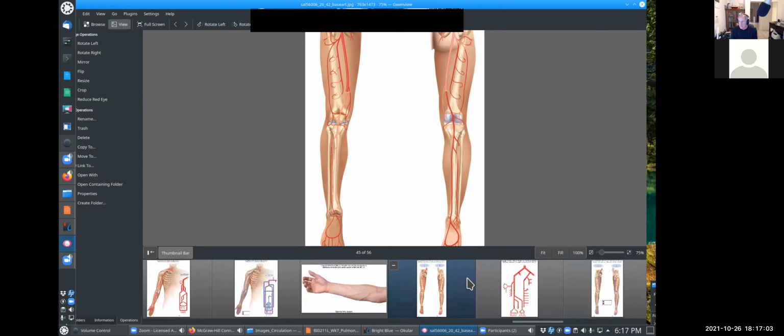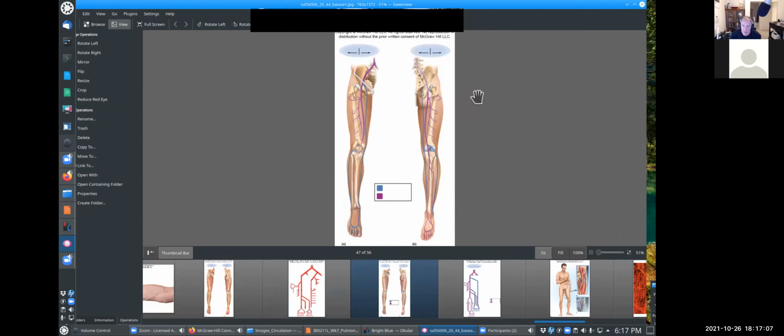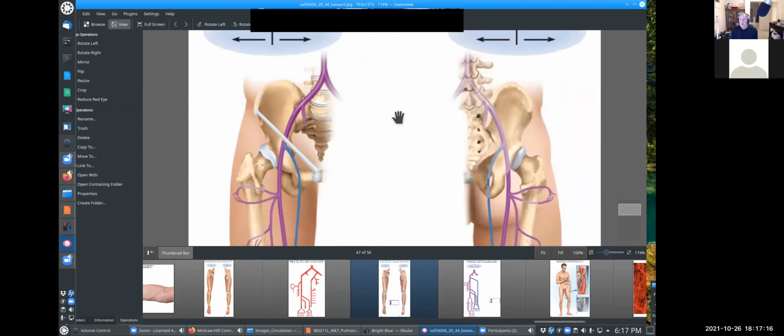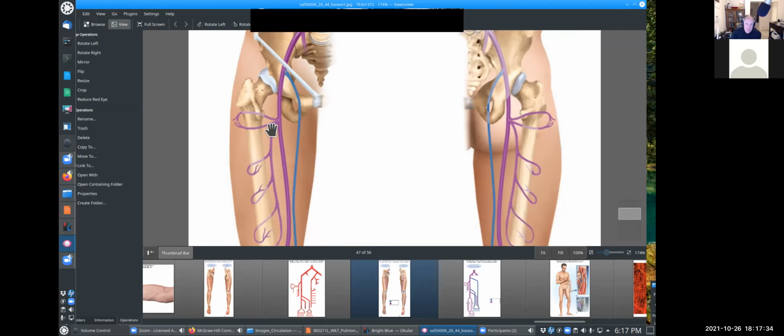So then veins of the leg, same thing up here. You've got common iliac vein, internal iliac vein, external iliac vein, and then you've got a femoral and a deep femoral.